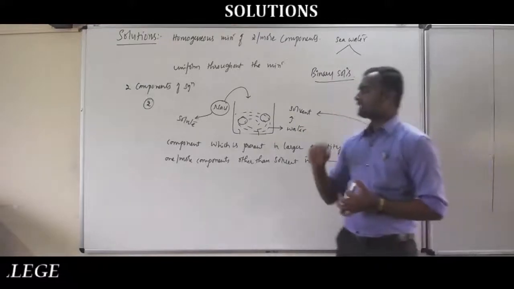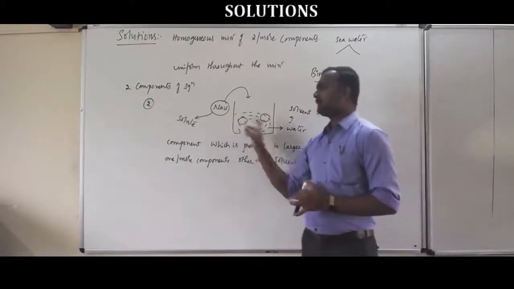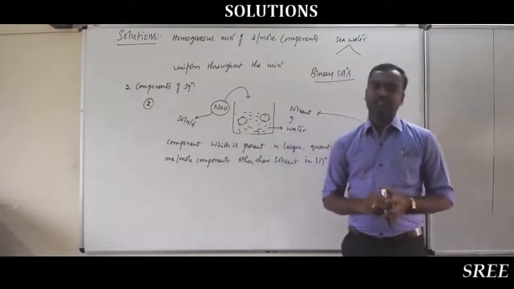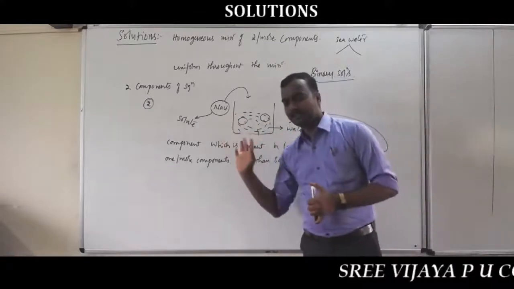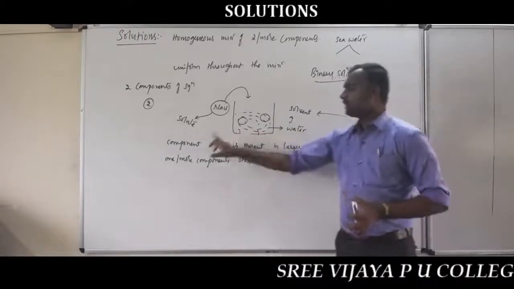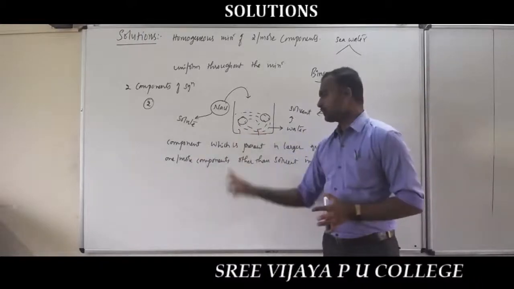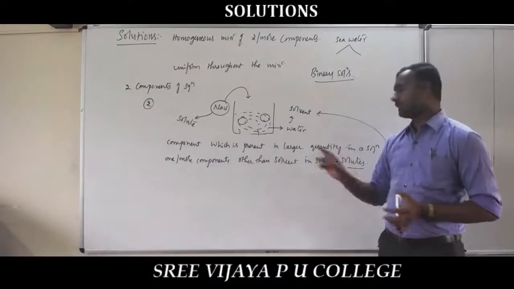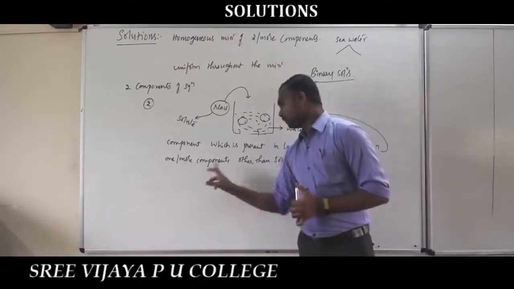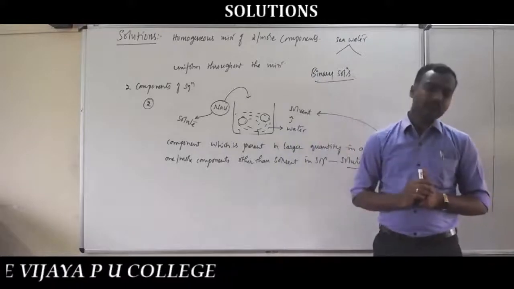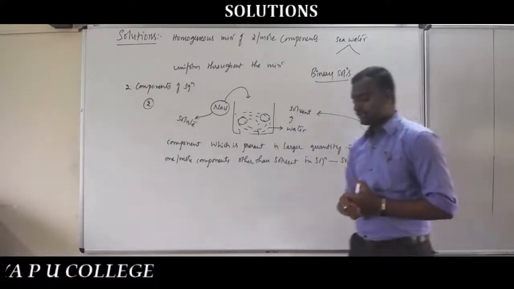So in that binary solution there are two components. One of the components is called solute and one is called solvent. Solvent is the component of the solution which is present in excess or larger quantity, and one or more components other than the solvent in a solution are called solutes.